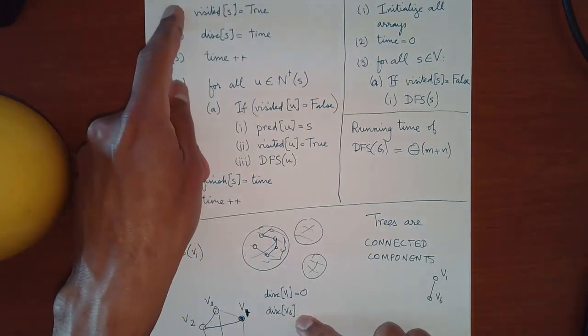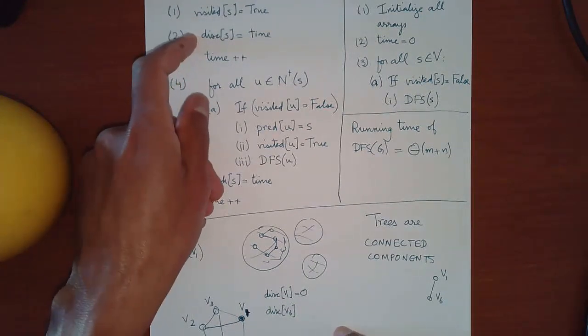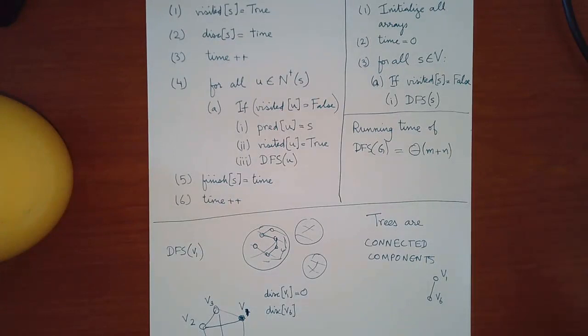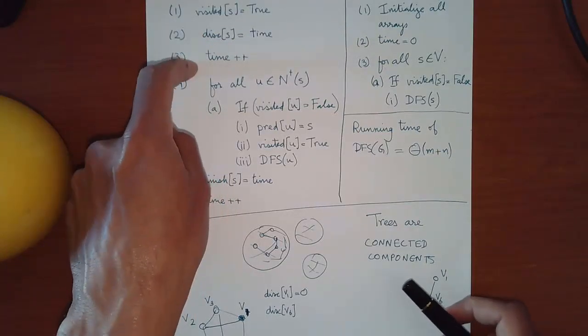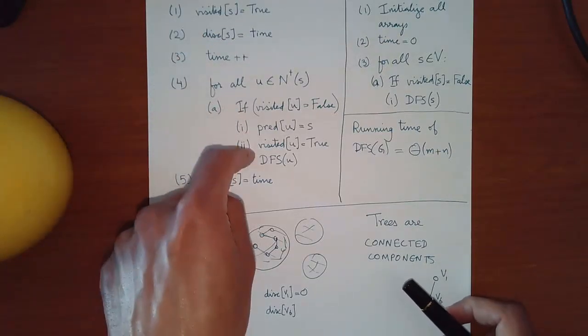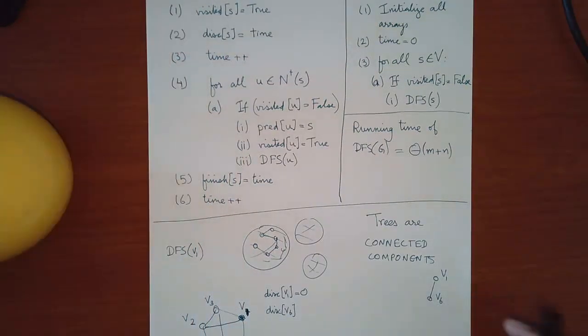Remember, we initially called it on V1. The discovery time of V1 is 0. 1. Exactly. It's 1 because when you discovered V1, the clock ticked. Then you went in here, you made a recursive call, so you go back there, and then you set the discovery time. And the discovery time is 1.